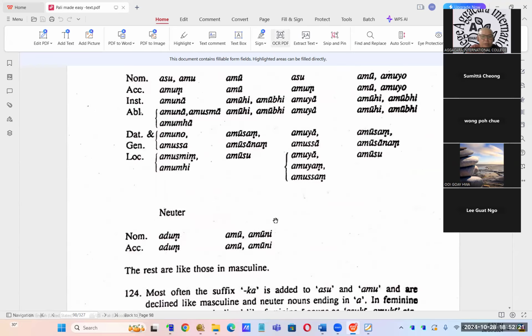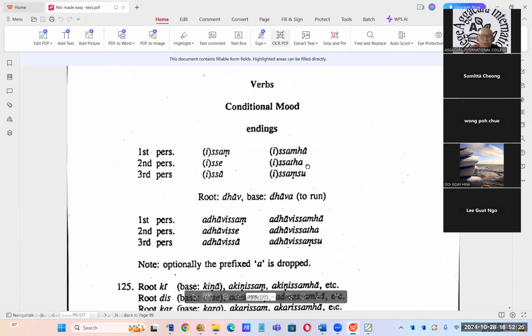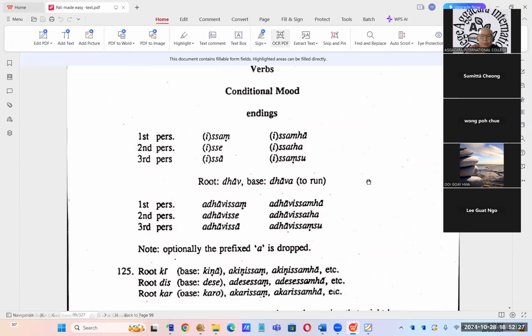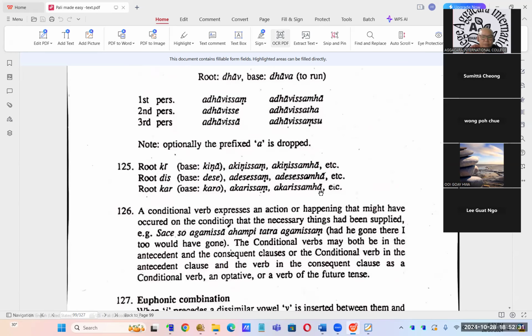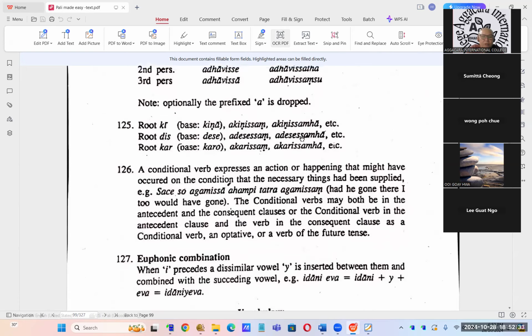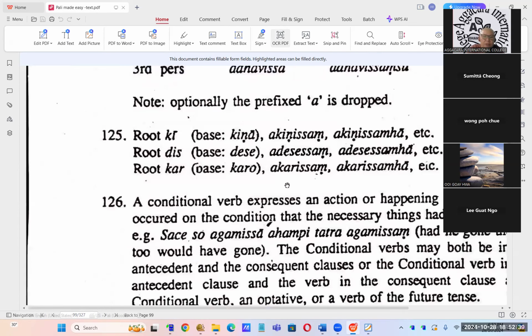So we just look at the vocabulary, all right? For homework, let's do this conditional. Do you know the meaning of conditional? This one, explanation 126.